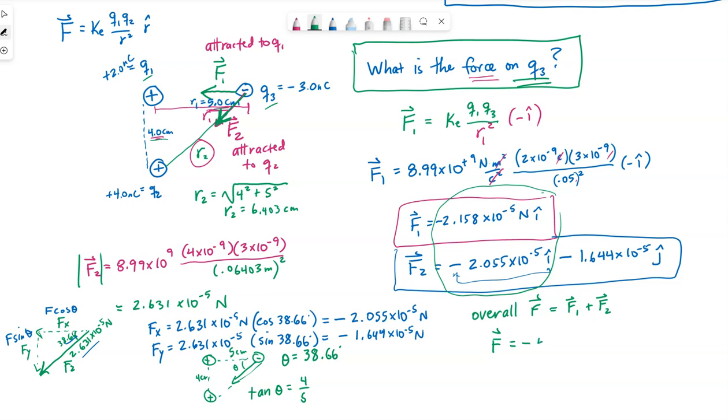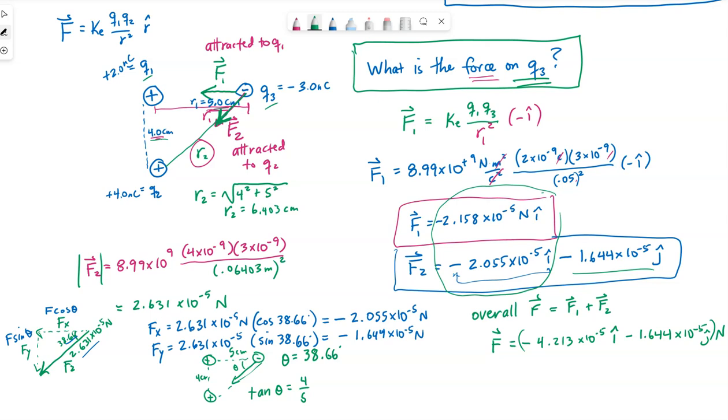So I'm getting negative 4.213 times 10 to the negative fifth i hat. So the overall pull to the left is what this represents. F2 is the only one that has a downward pull. And this is all in newtons.